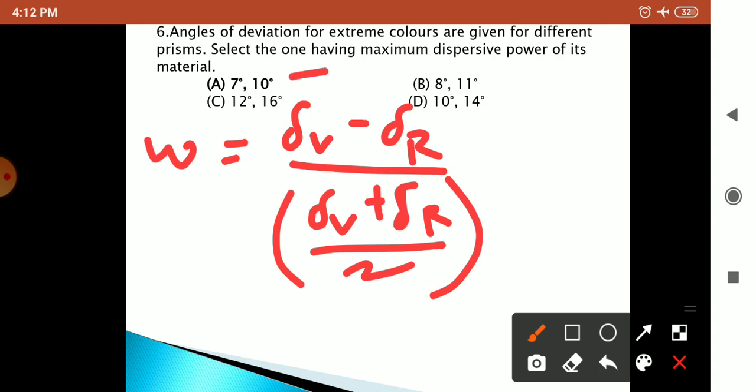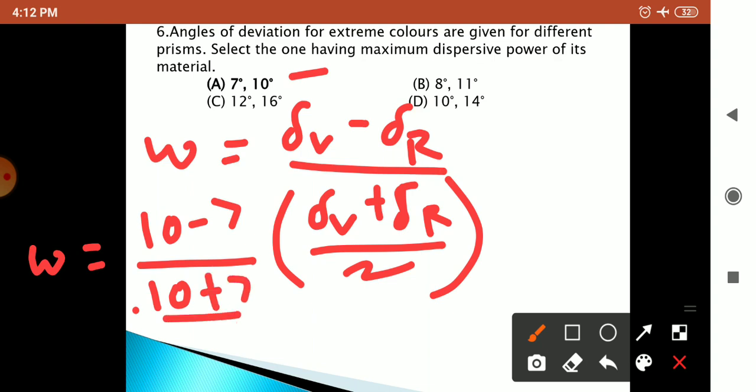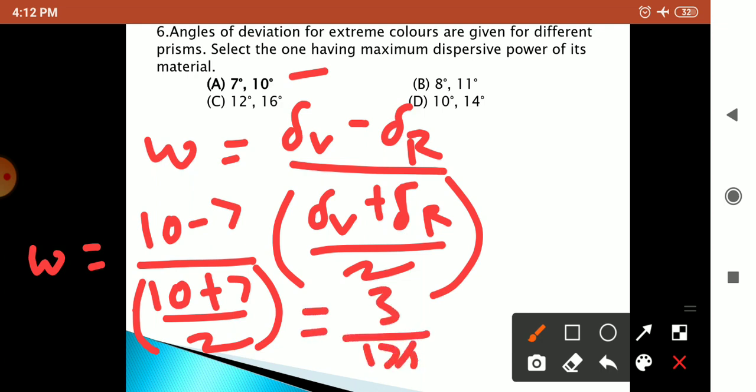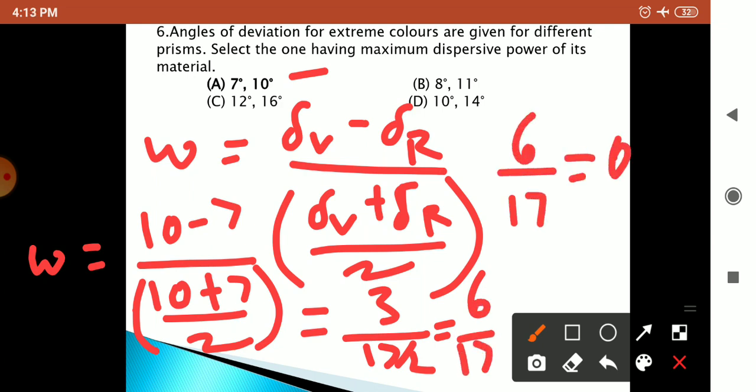Suppose we take the first option, 7 degree and 10 degree. So omega is equal to 10 minus 7 upon 10 plus 7 upon 2. This becomes 3 upon 17 upon 2, which is equal to 6 upon 17. This 6 upon 17 is equal to 0.35.